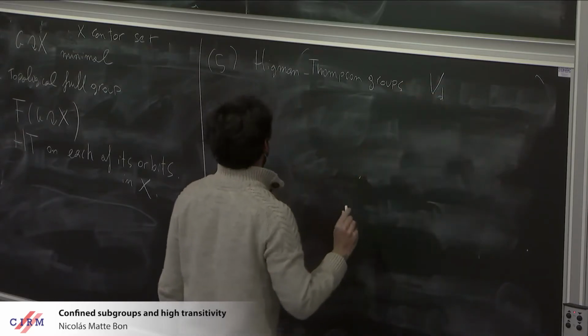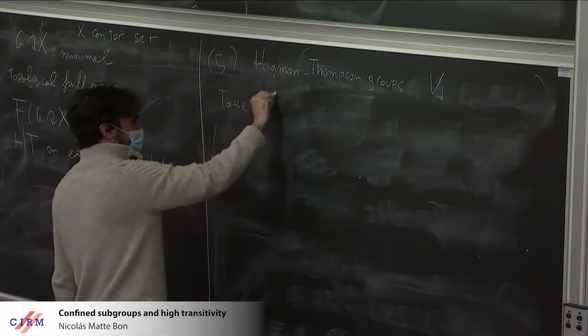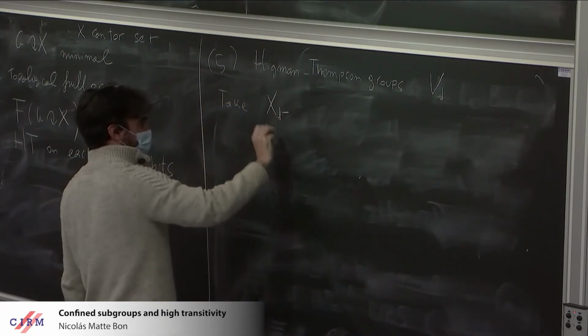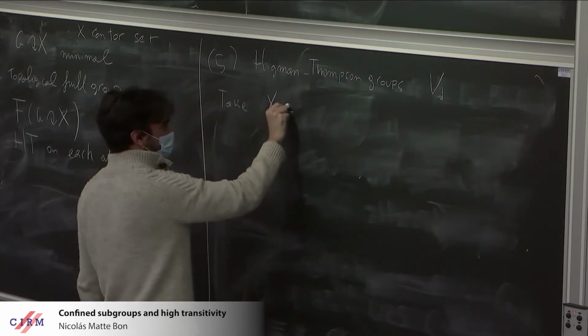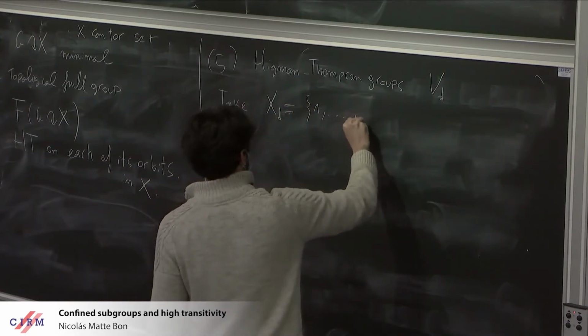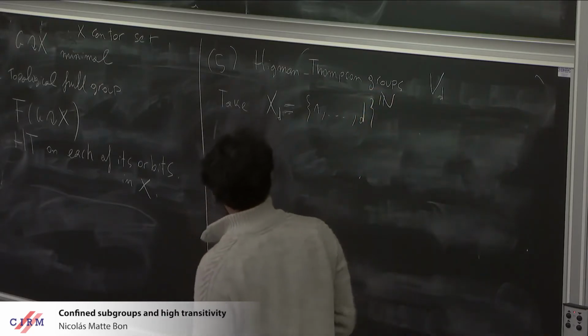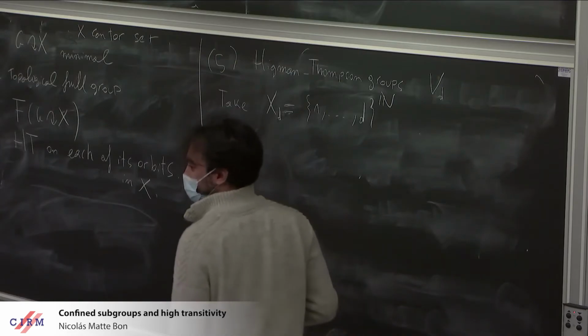So what it is, you take X now to be X indexed by D, the shift space over the one-sided shift space over a D letter alphabet. Okay, so it's a Cantor set.